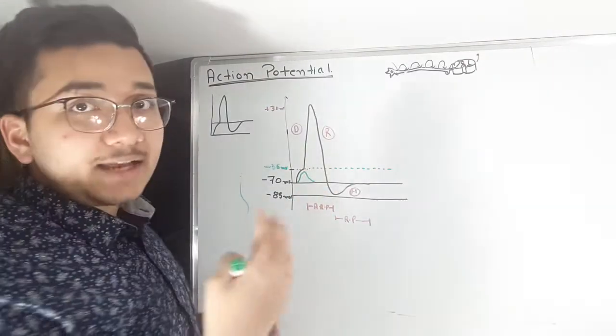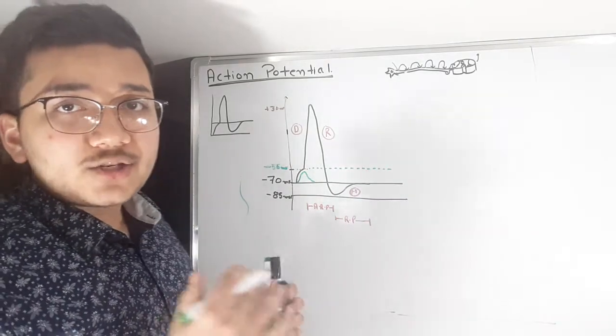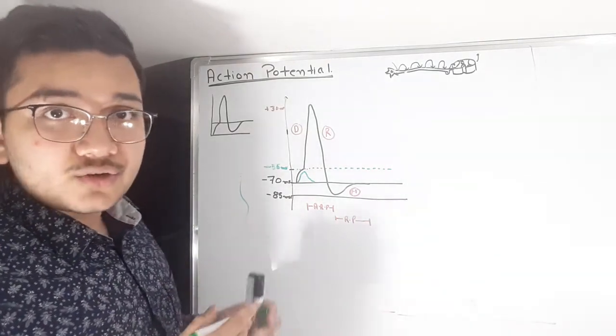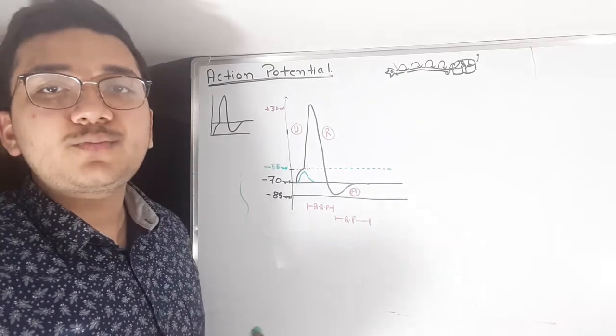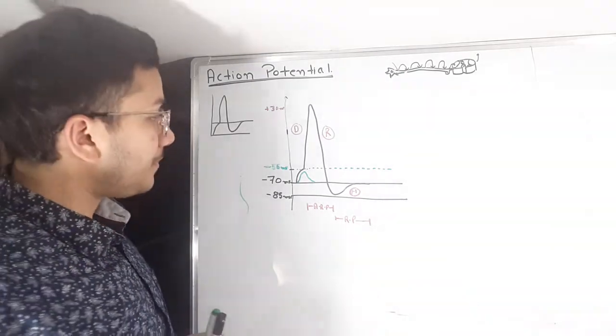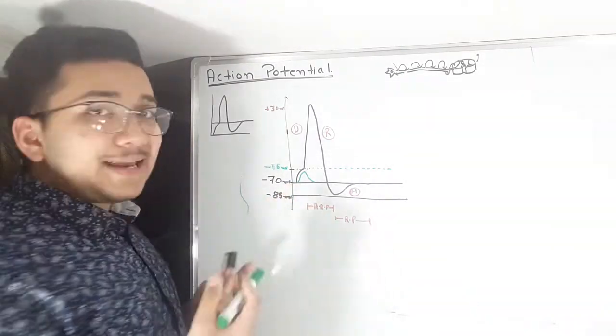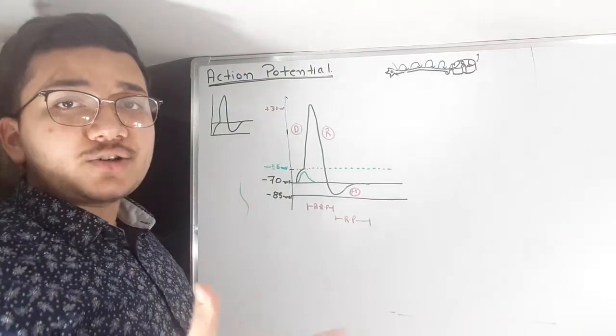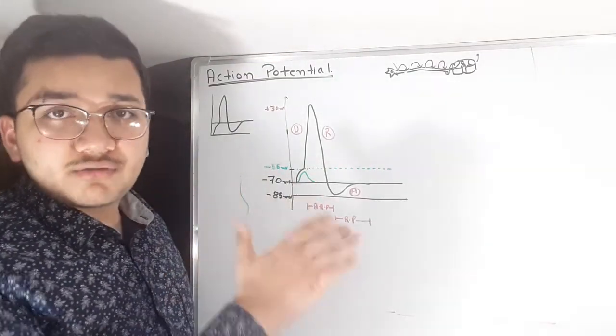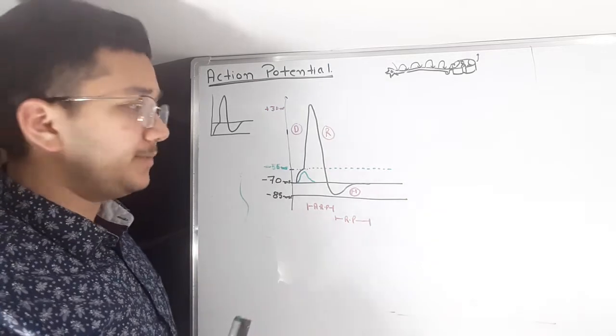For successive action potentials, we have to reach the threshold. Once the threshold is reached, the action potential has to occur. So at the value of minus 55 millivolt, it reaches the threshold point.